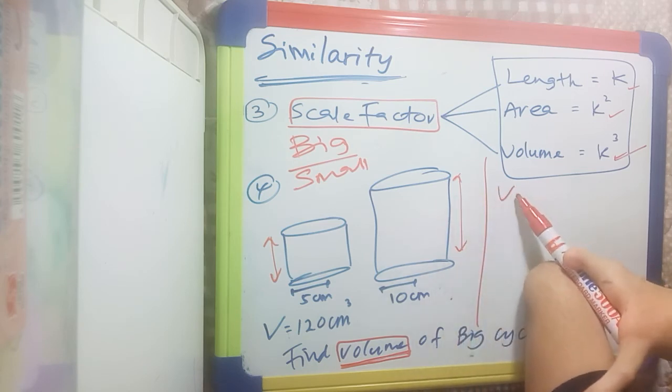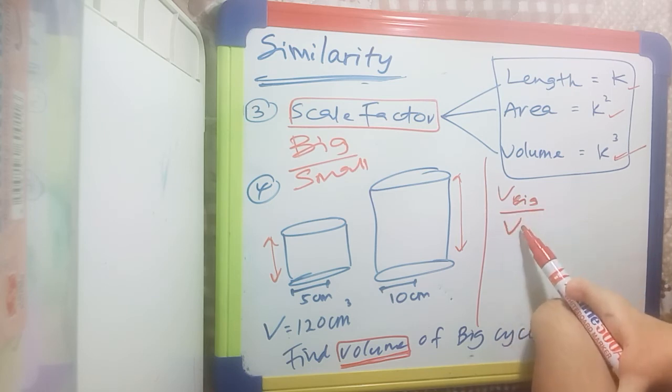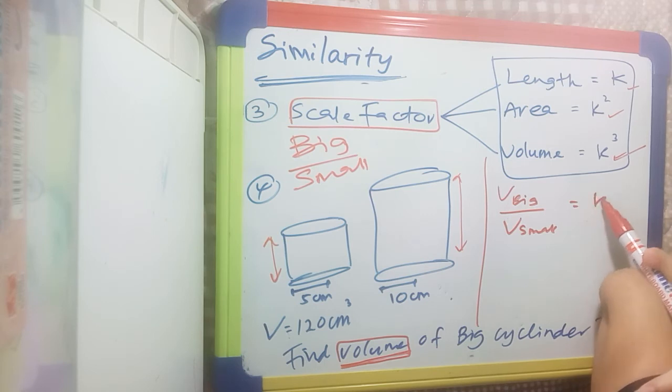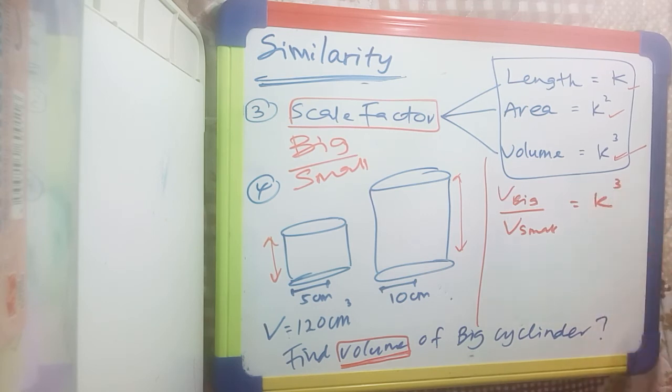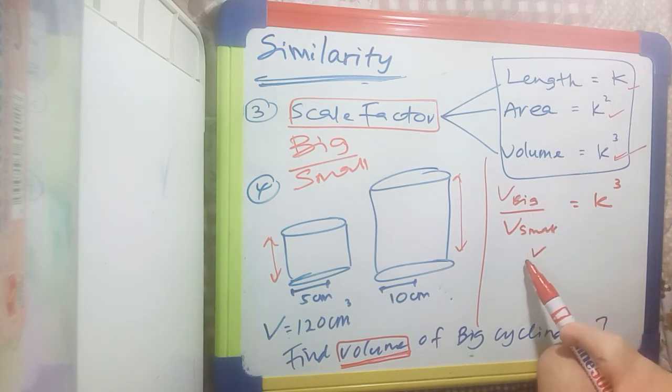So I will use volume of the big divided by volume of small equal to K power 3, equal to K cube. So volume of the big we don't know. This is the one that we are looking for. So I'll just keep it as V. What is the volume of the small? 120.